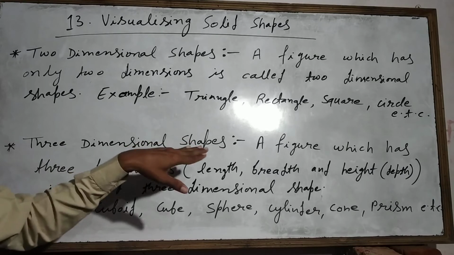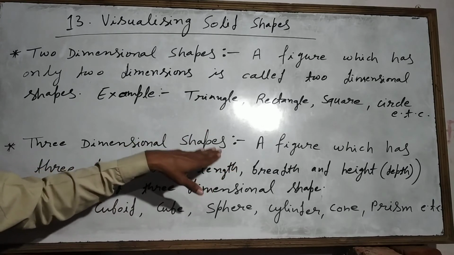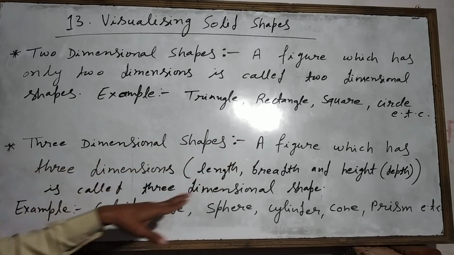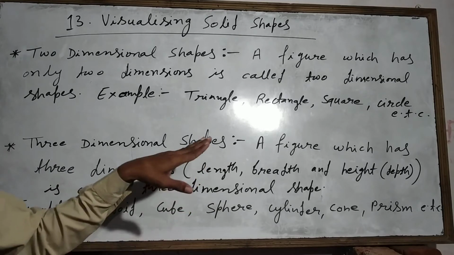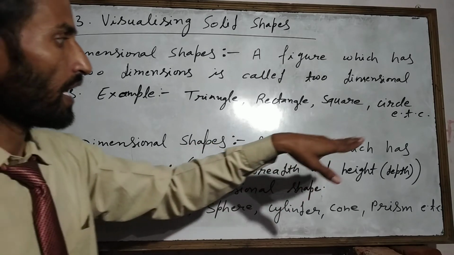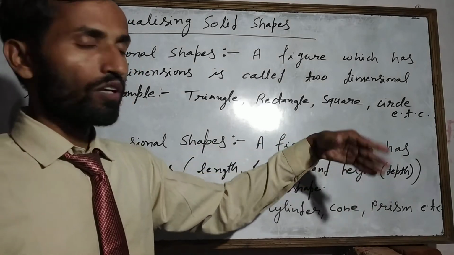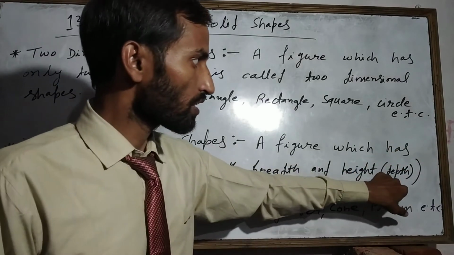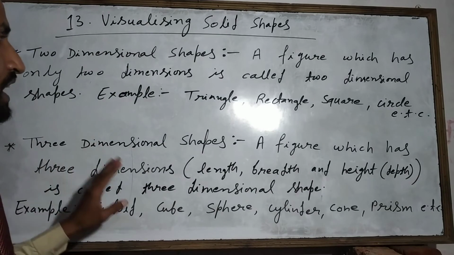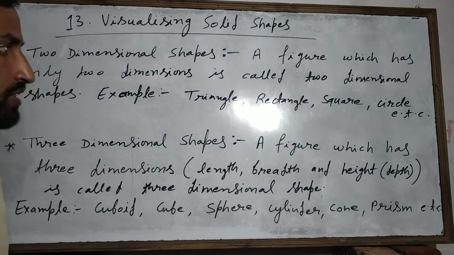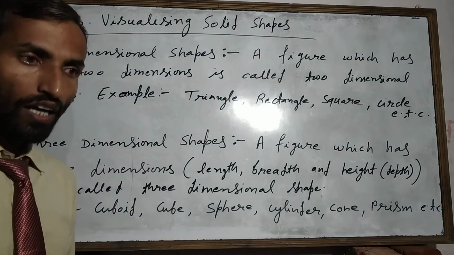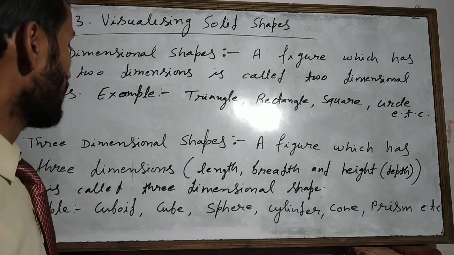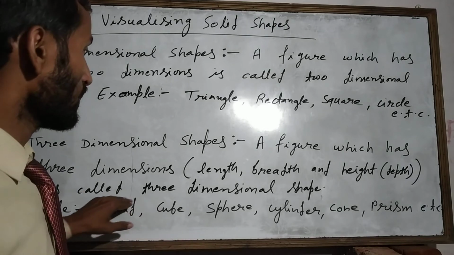Now a three-dimensional figure or shape is a figure which has three dimensions, meaning length, breadth and height, or sometimes in place of height, depth will come. That's why I put depth here also. A figure which has length, breadth and height is called a three-dimensional figure or shape.